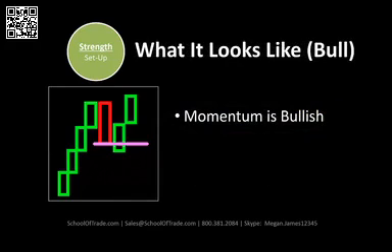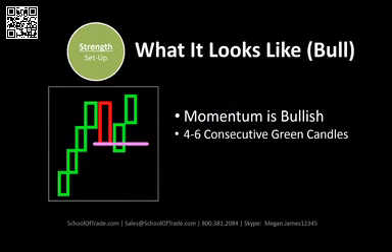Let's start with a bullish strength setup. As always, we only want to be trading the strength setup with the short-term momentum. Momentum needs to be bullish to even consider this type of buy setup. Then I'm looking for a strong move going higher for the bulls. Ideally, I want to see between 4 and 6 consecutive green candles.